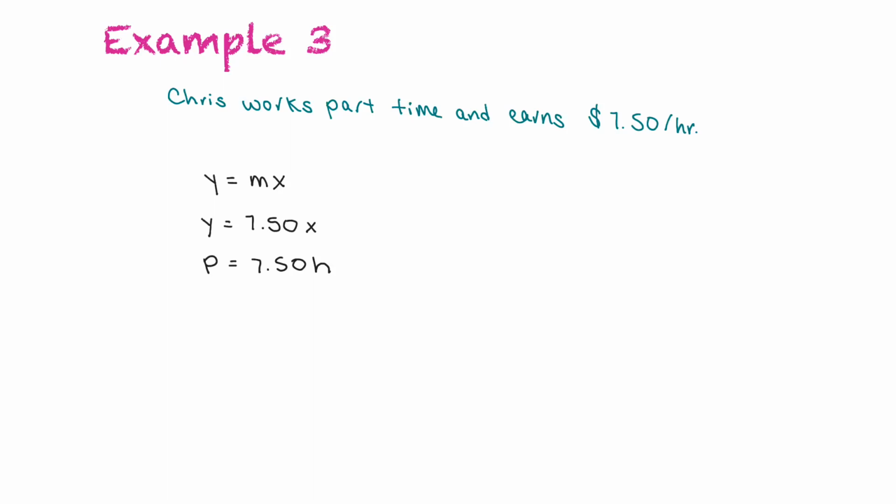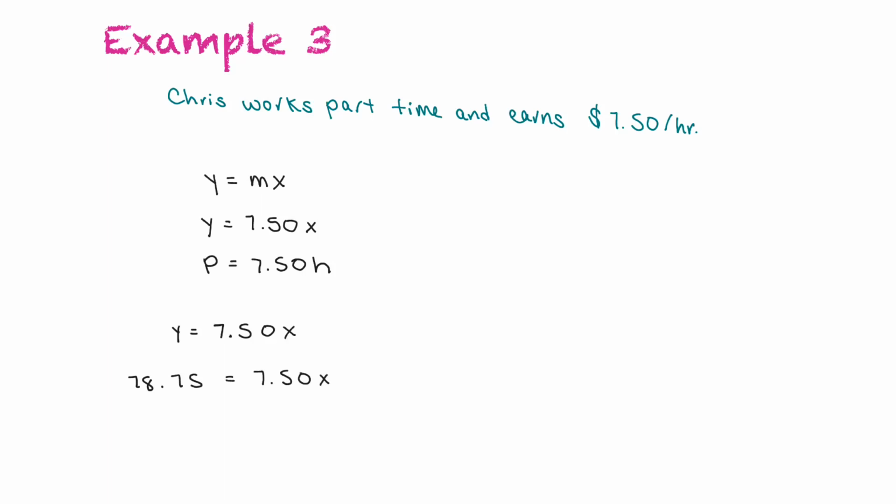So our next one, we want to find out if he makes $78.75 in a week, how many hours did he work? So we can plug in our information. So y equals 7.50x. We know that he made 78.75, so 78.75 equals 7.50x.